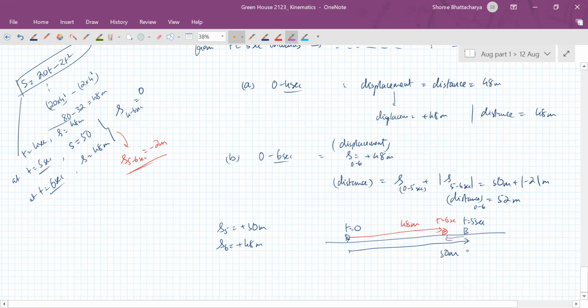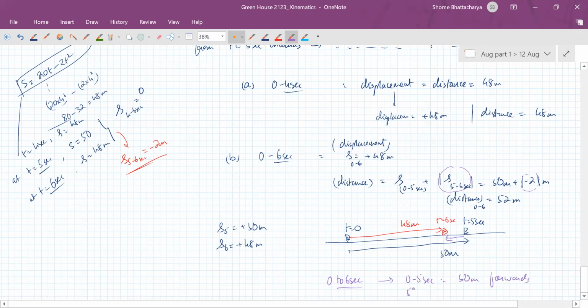Yes, sir. So that's how we got this, that the displacement between 5 and 6 seconds is actually minus 2. So the distance traveled from 5 to 6 seconds is 2 meters, but backwards. So what is happening in that whole interval from 0 to 6 seconds? From 0 to 5 seconds, he is going 50 meters forward.